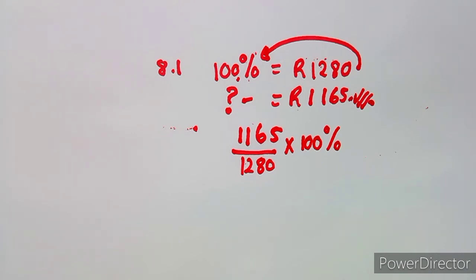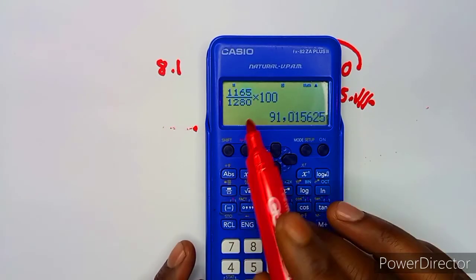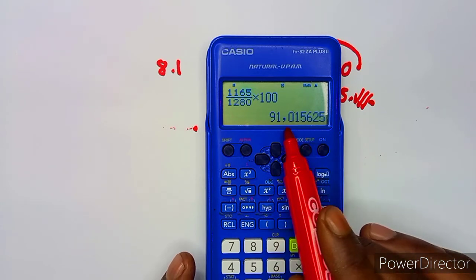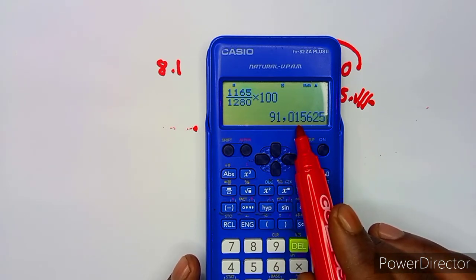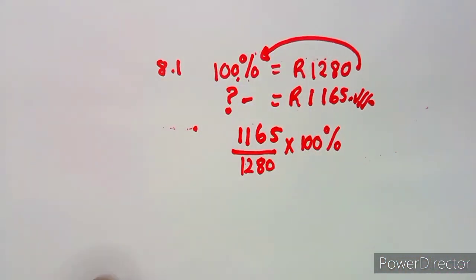Okay, so you just have to use your calculator, guys. That means we are going to obtain something like, let me see here. This is what you're going to obtain here, something like this, guys. That's 1165 over 1,280 times 100, which is 91 comma something like that. So you can write maybe two decimal places, 91,02.